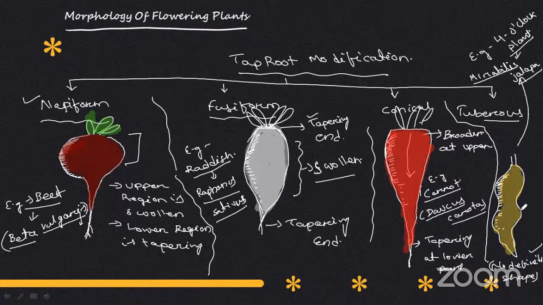Okay, so these are the different kinds of taproot modification, and they are taking different shapes for the storage of food. One is napiform, fusiform, conical, or tuberous, and we have discussed some examples here also. So remember these examples, remember the different shapes. This is a very important question.